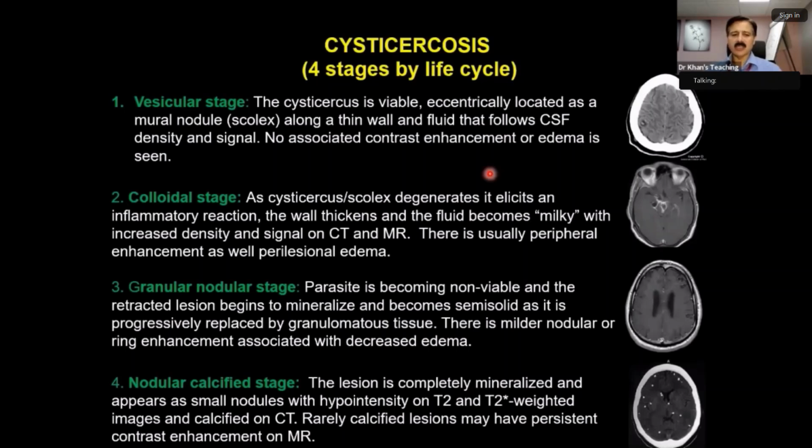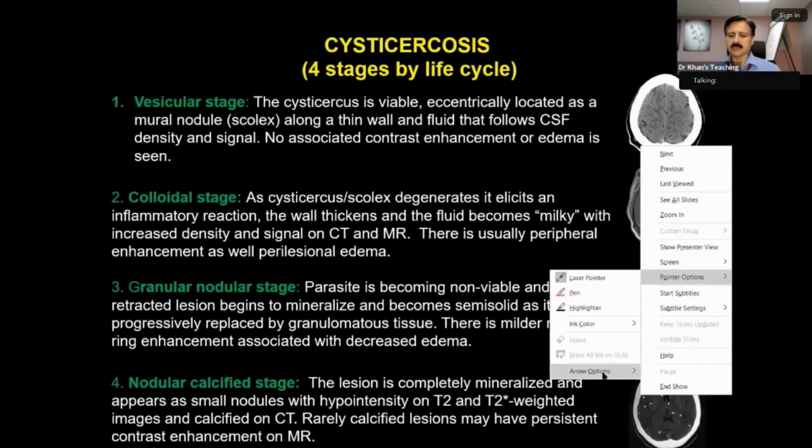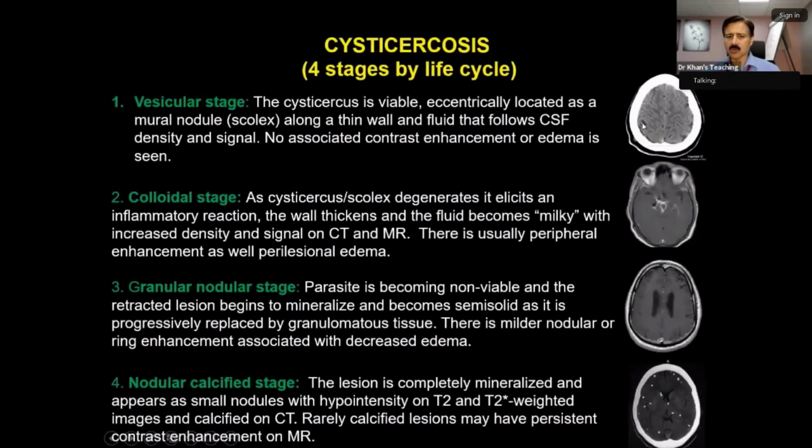And what happens is this colloidal stage. Basically, when it goes into the brain, it just sits there. The central portion here is the scolex or the larva. This, by the way, is viable. It is alive and it can grow, and surrounding it is a cyst.